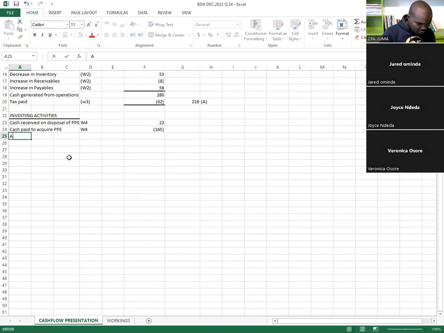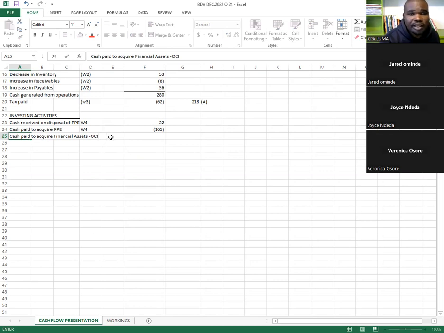We don't have an option. Cash paid to acquire financial assets, with a hyphen, other comprehensive income.